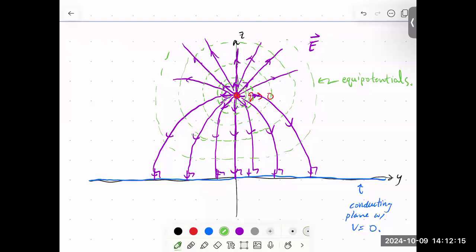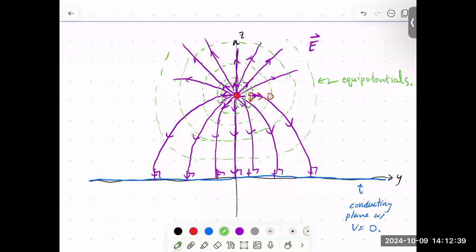I'm looking for a configuration of charges that gives something that looks a bit like that. Not everything exactly the same, but similar. Yeah, a charge equal at a distance negative d on the other side. Yeah, that's right. So that's an electric dipole, right?